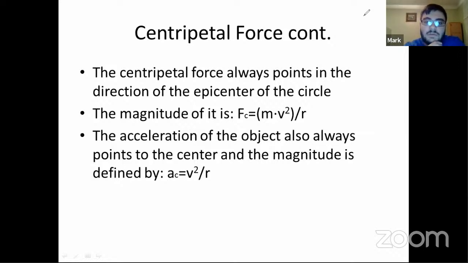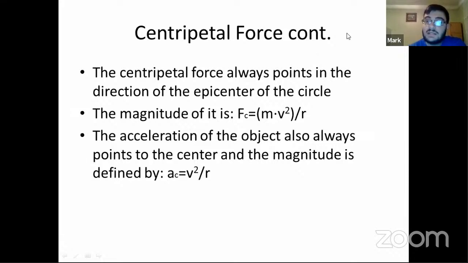The acceleration of an object also always points to the center, and it's defined by this formula: centripetal acceleration is equal to v squared over r. You can actually derive this from the classic formula, F equals ma. If the centripetal acceleration is v squared over r, to get centripetal force you just multiply by m, and voila, we have mv squared over r. Very easy. That's how you always find centripetal acceleration and centripetal force.